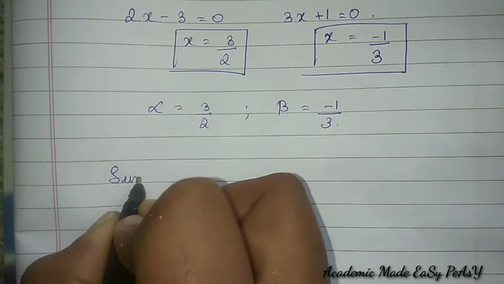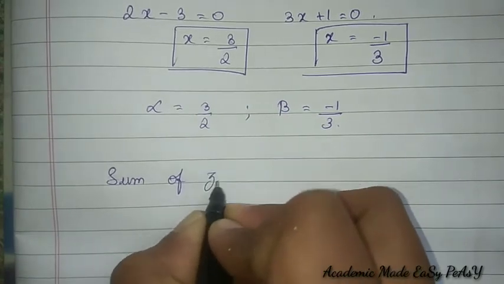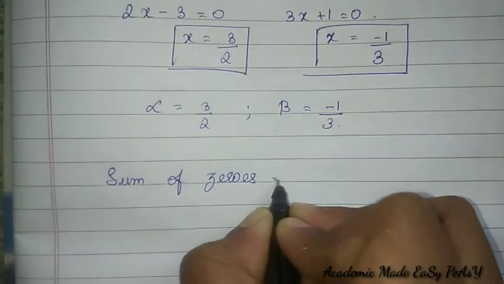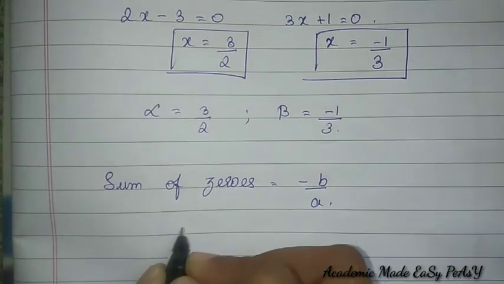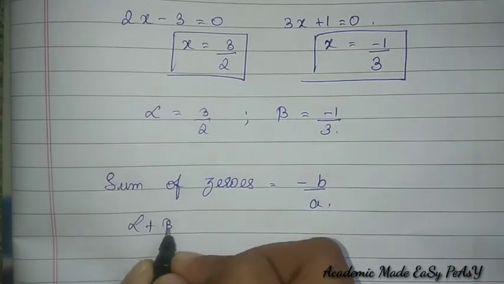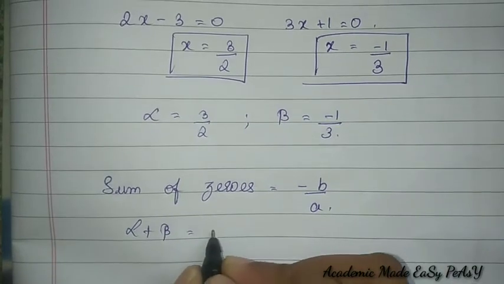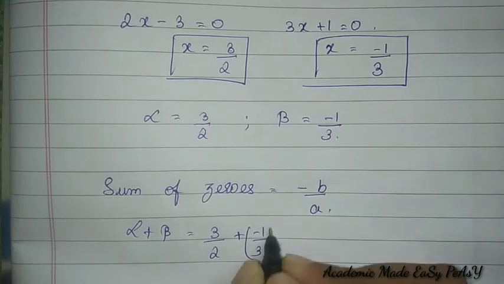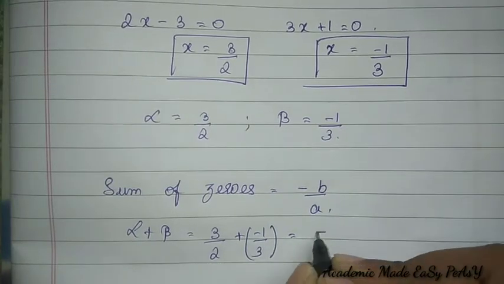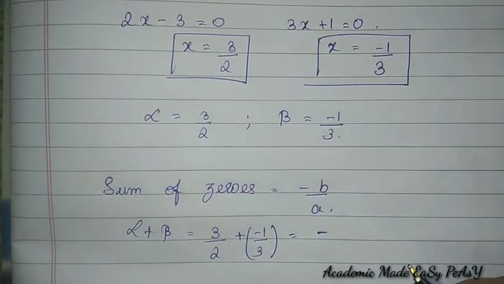So sum of zeros is equal to minus b by a. So alpha plus beta is equal to 3 by 2 plus minus 1 by 3 is equal to minus of, what is my b?